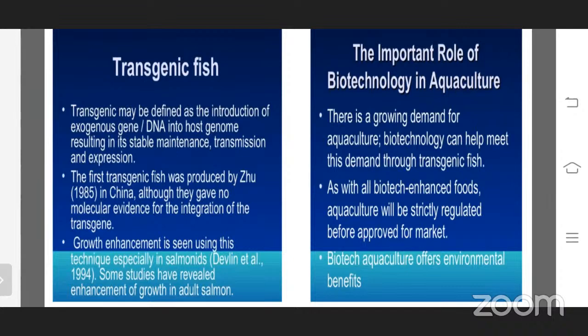What is the meaning of transgenic fishes? Transgenic fishes may be defined as the introduction of exogenous genes or DNA into the host genome, resulting in its stable maintenance, transmission, and expression. These three terms are broadly given to you.